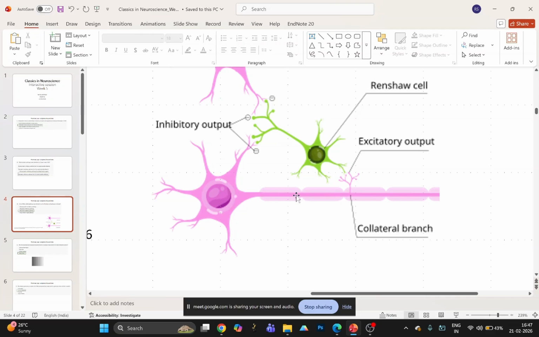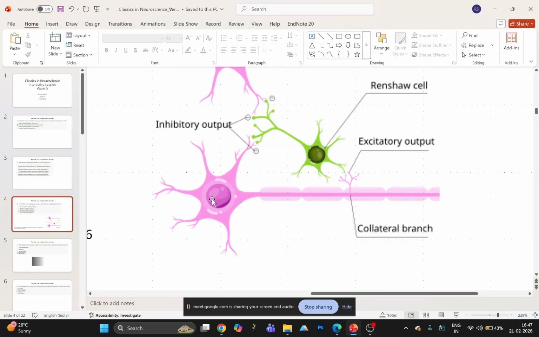That is, they saw that there's an impulse that is going from the axon to the cell body. That is one thing they saw. Second, they saw that there is hyperpolarization of the motor neuron. So the cell body was getting hyperpolarized.